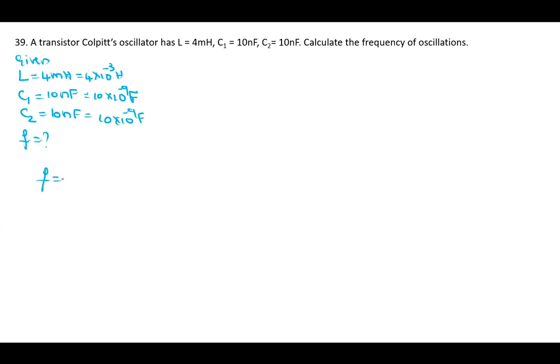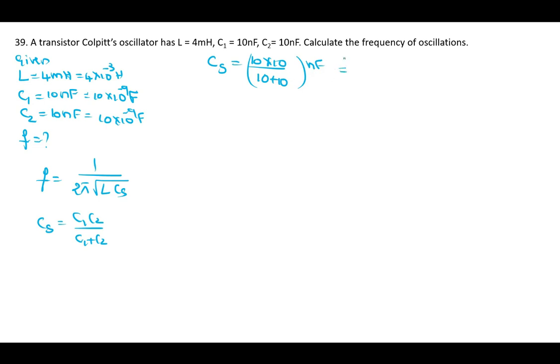The formula says F is equal to 1 by 2 pi root L CS. CS is given as C1 C2 by C1 plus C2. I can calculate that CS is equal to 10 into 10 by 10 plus 10 nanofarad.